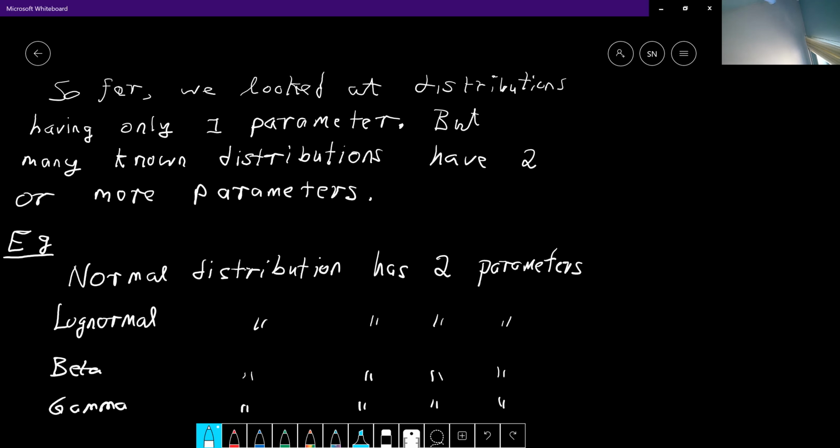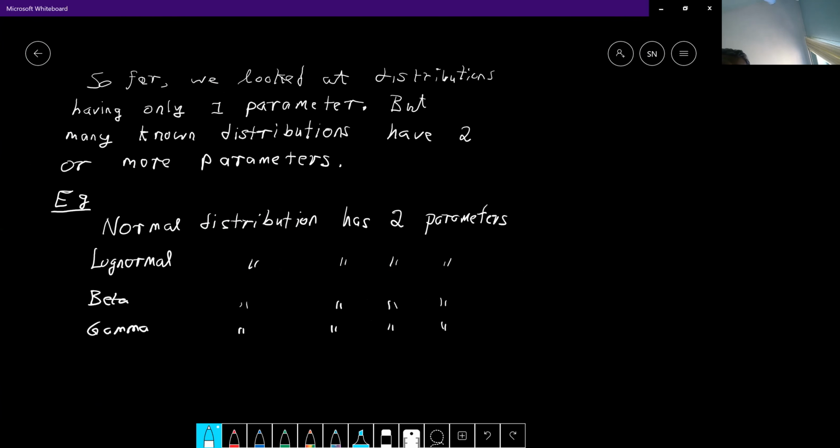So the question is how to do the MLE, the maximum likelihood estimation of the parameters, when you have more than one parameter. So in this hour, I would just talk about the two parameter case, although it can be extended to the multi-parameter case too.